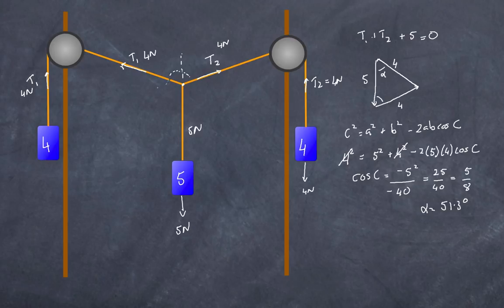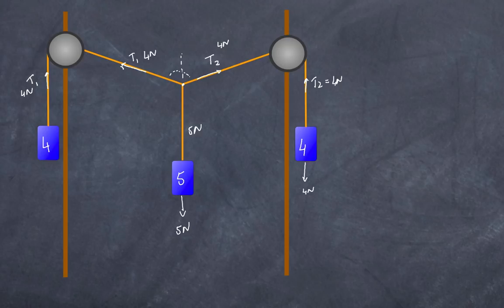Now, can I solve this not using a vector diagram, but can I solve this by looking at the concept of components? And the answer to that is yes, you can. Now, with components analysis, you need to understand that whatever's happening horizontally cancels out and what is happening vertically cancels out.